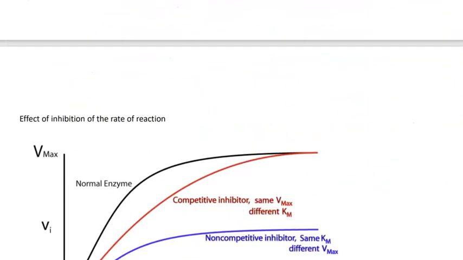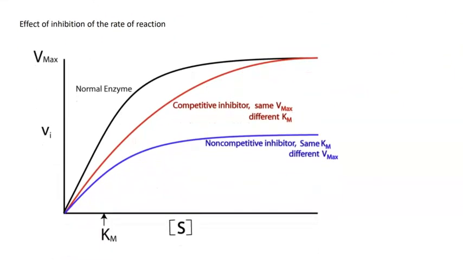Illustrated in graphs, we have increasing substrate concentration here. The normal reaction means that as the substrate concentration is increased, the rate of reaction increases until we reach this plateau point, which indicates that the active sites are saturated with substrate.